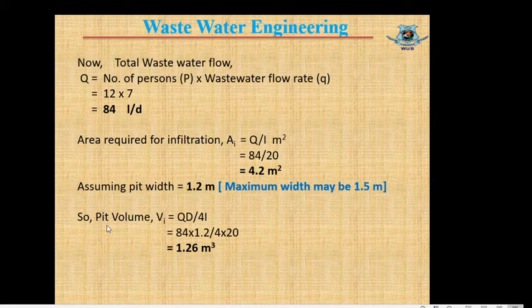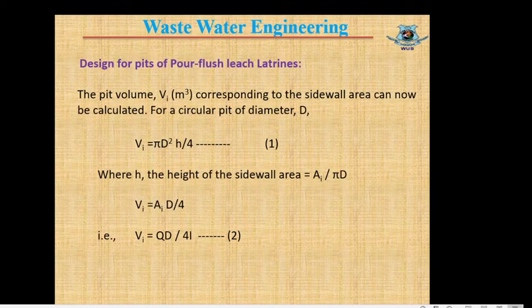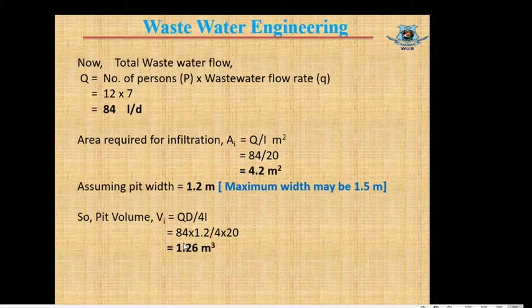Then we need to calculate the pit volume Vi using this equation as stated above. Let's see that equation again. That was the equation to determine the pit volume. Vi equal to Qd divided by 4I, and just use this equation to determine the volume Vi here. Here Q equal to 84, d equal to width of the pit, 1.2 meter.